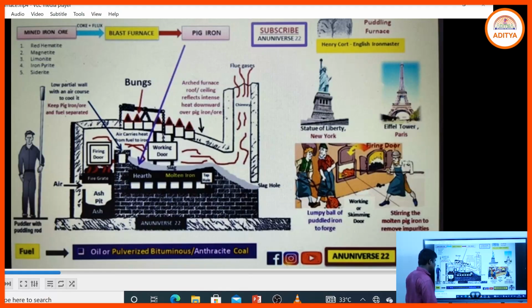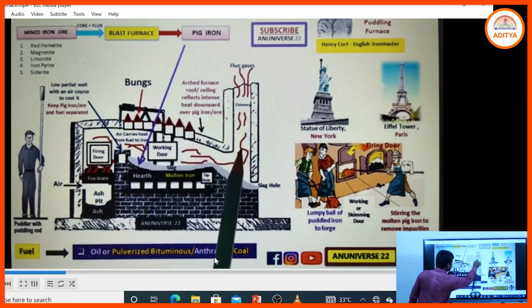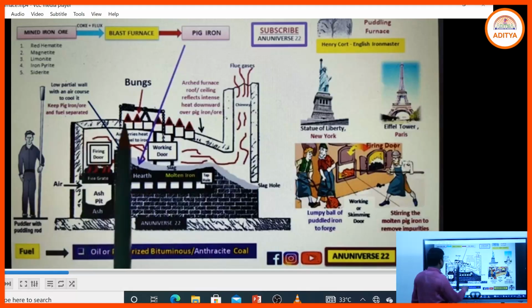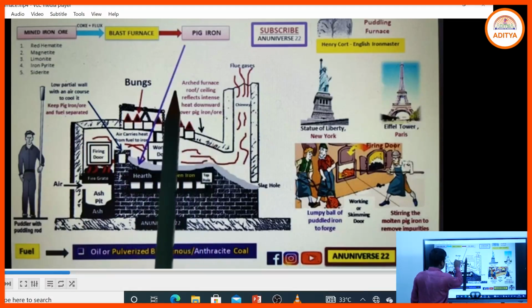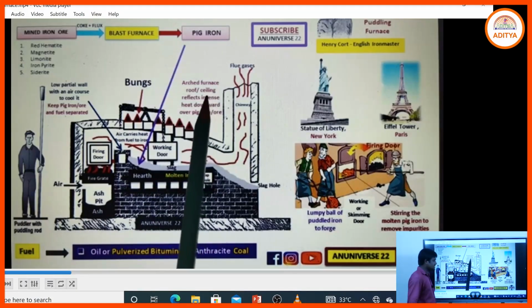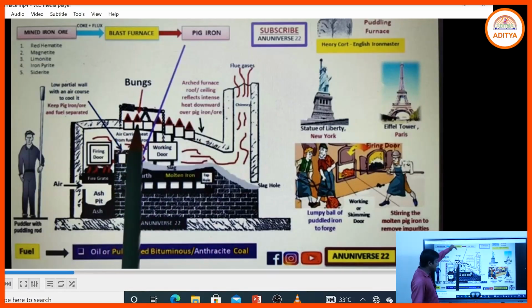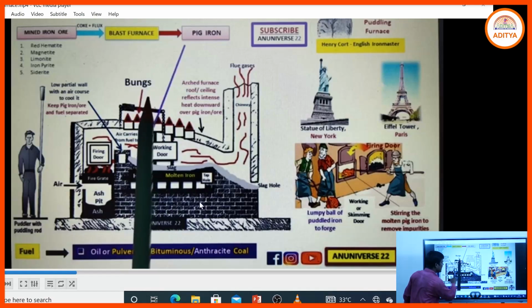So what happens in that furnace? Generally, we have three chambers shown here: the firebox chamber, the hearth chamber, and the chimney portion. Here we use the bunks, and through those bunks the metal scrap is put into the hearth position.